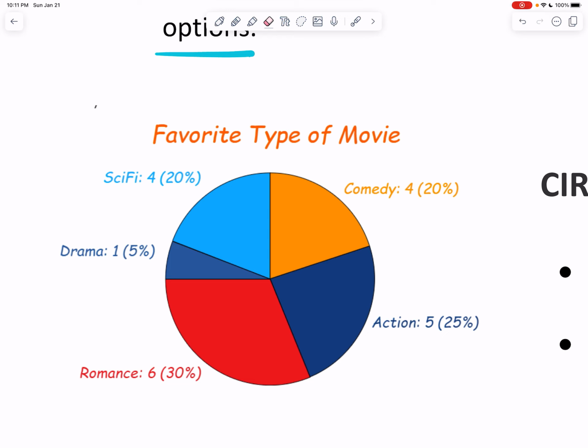Now, SPEV doesn't have the time and energy to collect a sample of data from the school every single year. So if they collect it once, they might use that data to make predictions about what they should do in the future as well. So if we collected that data this year and we had a movie night next year, well, I know some of the students are different, but we might say, you know what, romance was pretty popular the first year. It's likely that romance is still going to be quite popular.